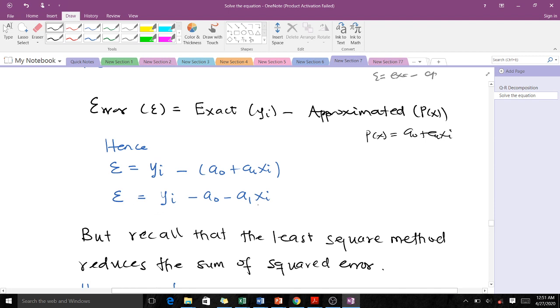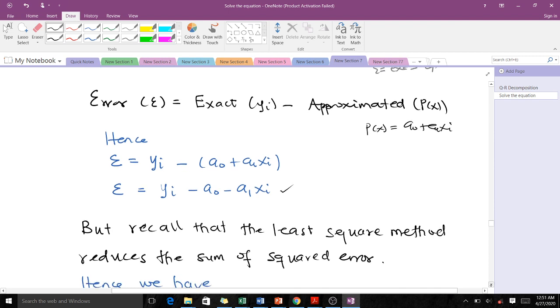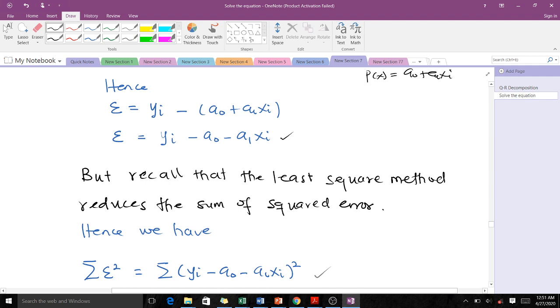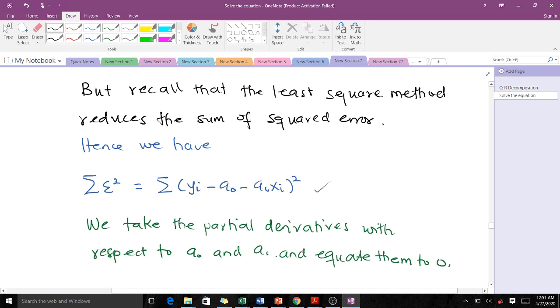So when you expand this, you have this equation here. But recall that the least square method reduces the sum of squared error. So that means we have to find the square of our error and sum it. So that's what you can see here. So the square of our error, then we sum them. So we get something like this.